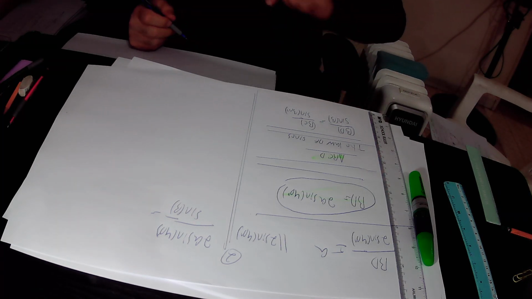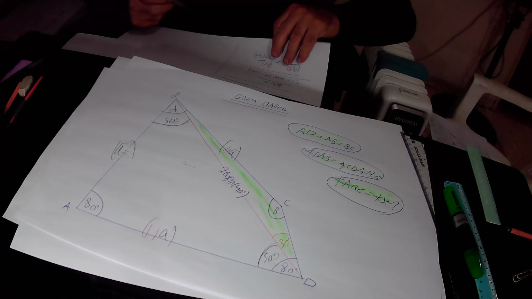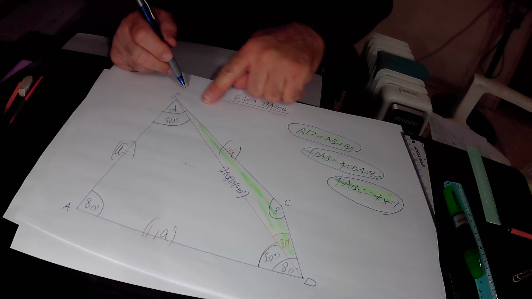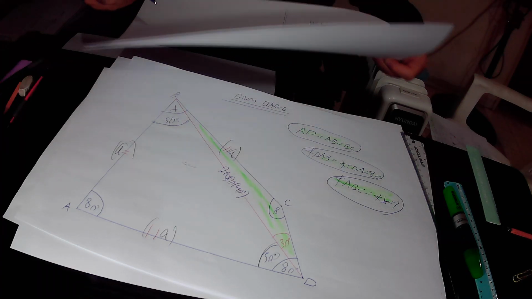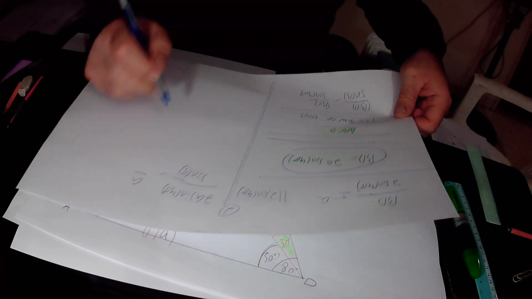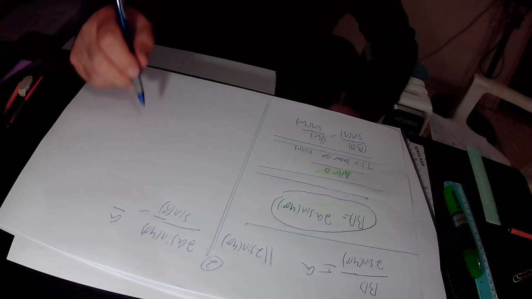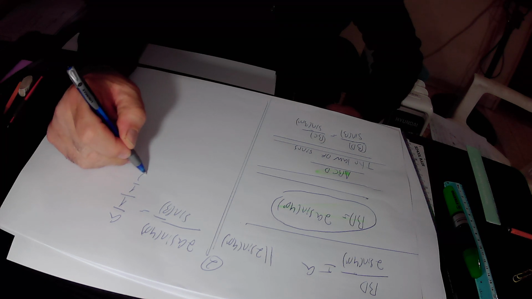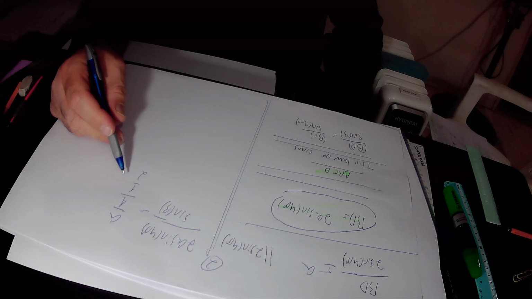That equals BC over sine 30 degrees. BC equals A units according to our definition, so we substitute BC by A over sine 30 degrees. Sine 30 degrees is 1/2, so we substitute sine 30 degrees by 1/2. So on this side of the equation we have A over 1/2, and A over 1/2 is 2A.